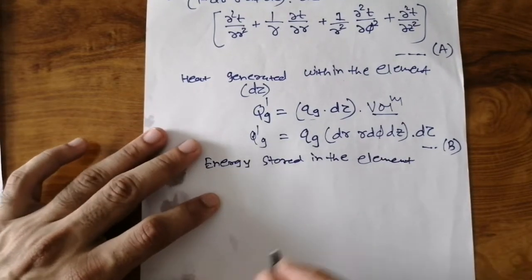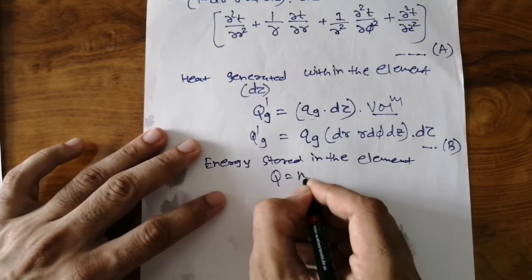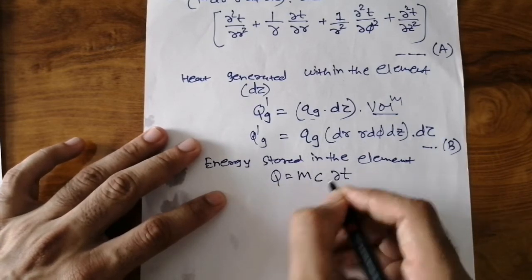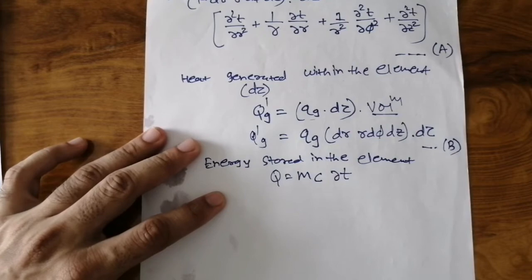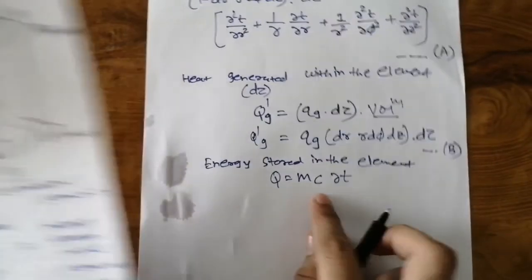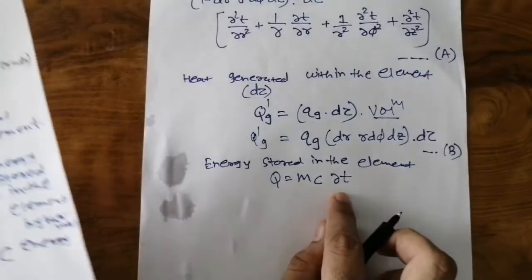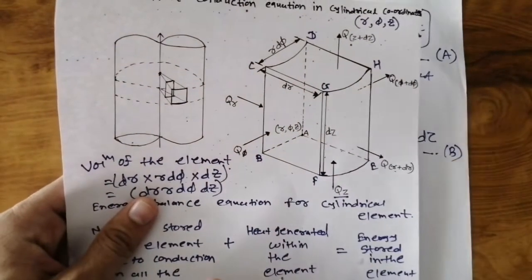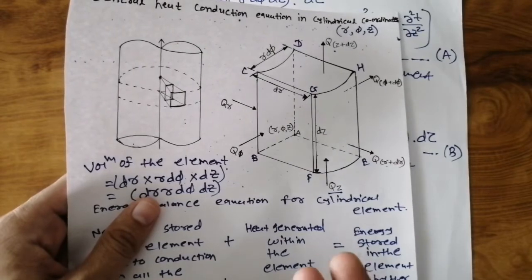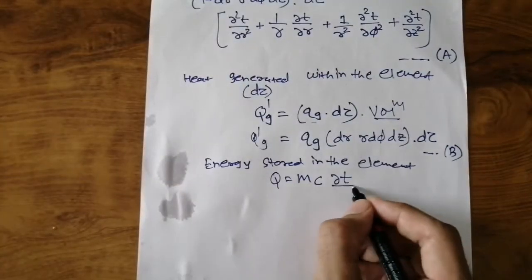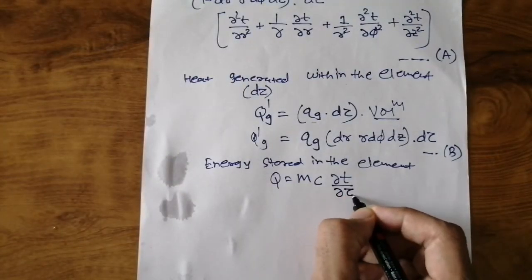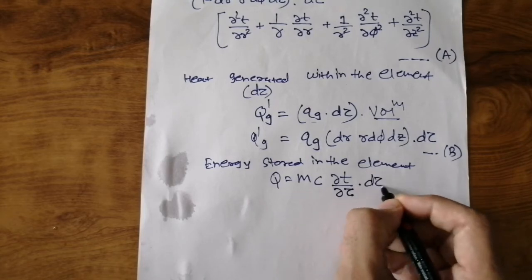It will be considered by Q is equal to m c delta T. M means the mass of the element, C means specific heat of the element, and delta T means temperature difference in the element, but per unit time will be considered. So we should write del T by del tau into d tau.